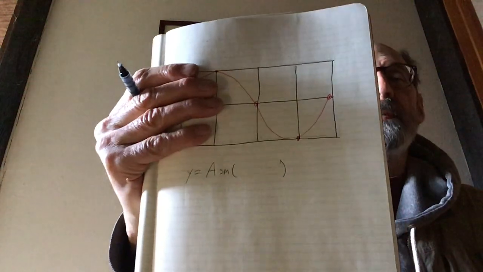So the general form here is kind of complicated, and so we're just going to tease it all out. Let's look at y is equal to a times something complicated, sine of something. Remember, do the parentheses first.